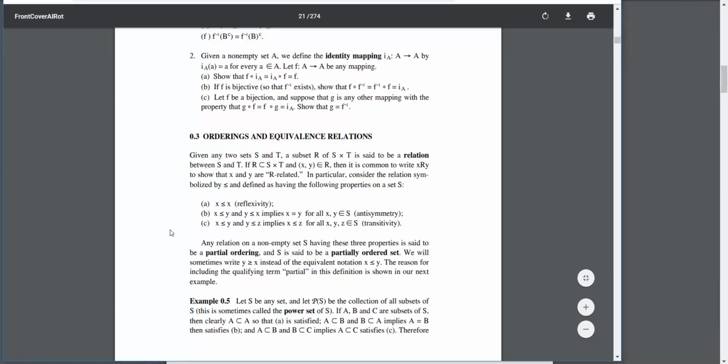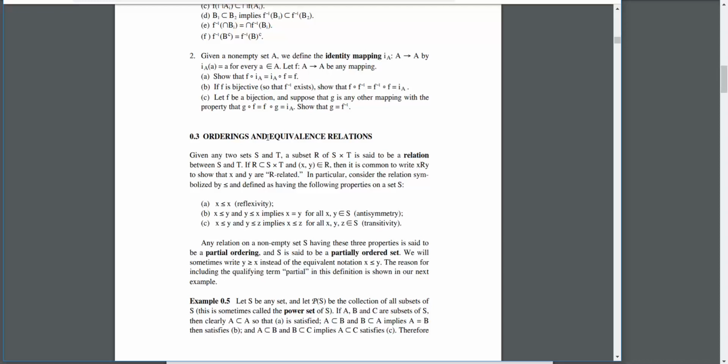We've talked about equivalence relations, and we know that for a relation to be an equivalence relation, there have to be three main properties. It has to be symmetric, transitive, and reflexive. If those three properties hold, then you have an equivalence relation.